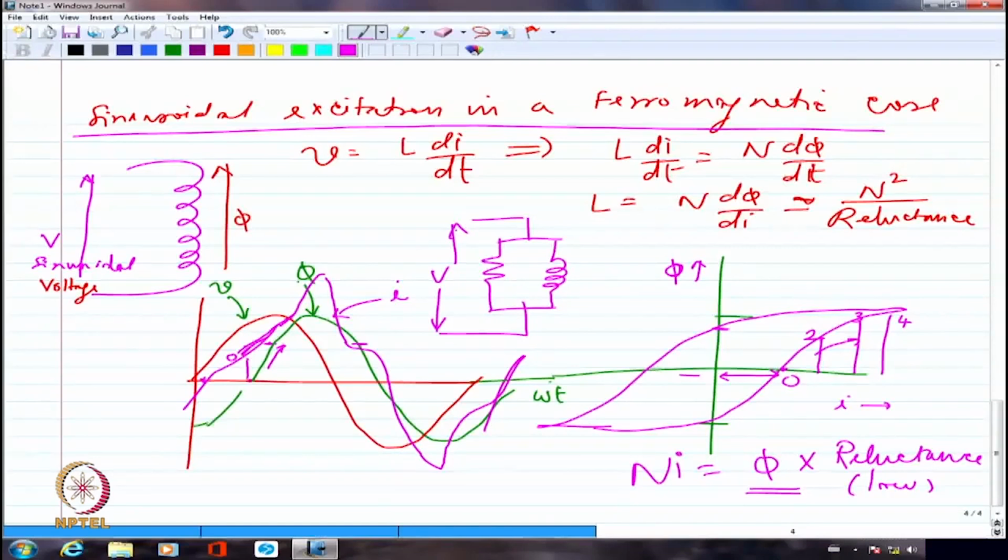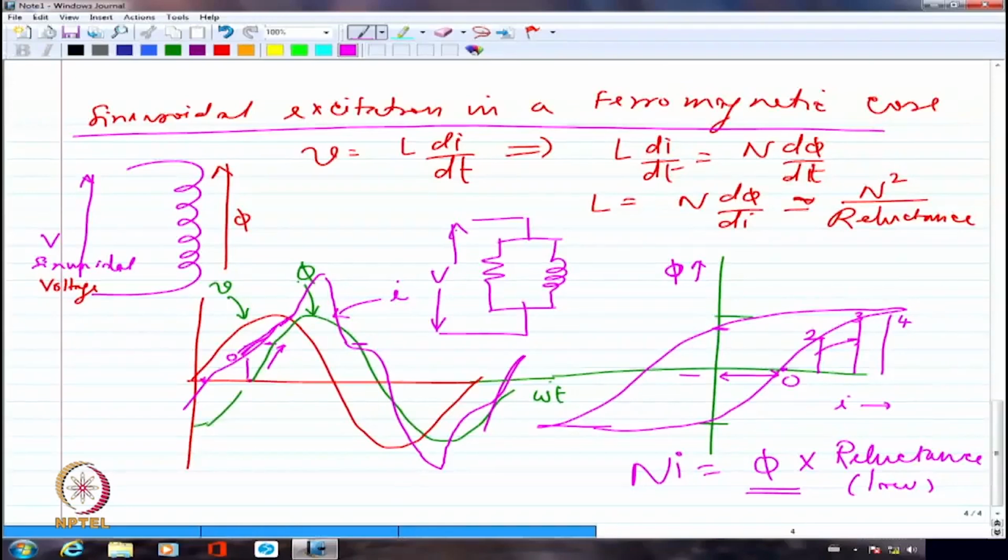So if I take a ferromagnetic core and I want to establish a particular amount of flux, the reluctance is very, very low. Because the reluctance is low, I am going to require only a smaller amount of ampere turns. The MMF required will be very, very small. Compared to that, generally the transformer will be designed for supplying a very large amount of load.